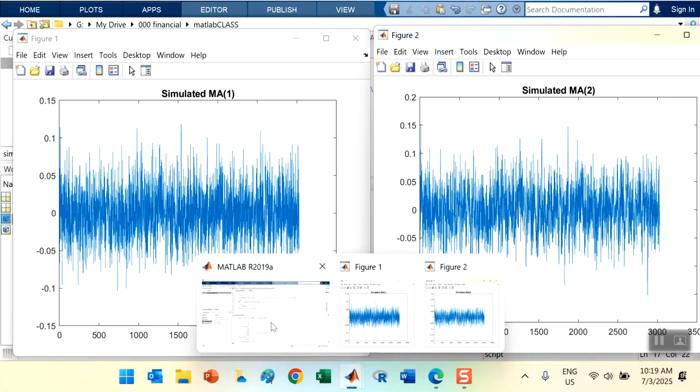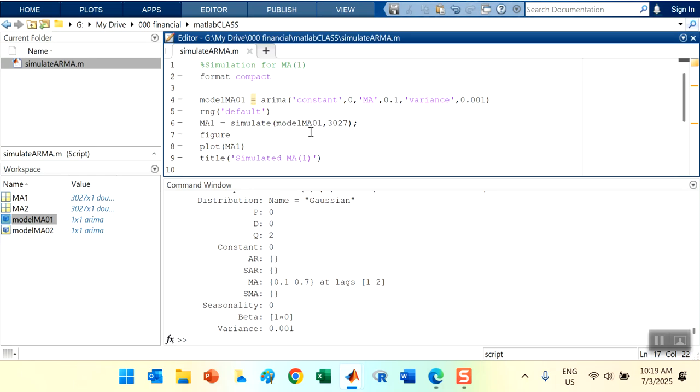So now if you want to compare this with the actual series, as in the starting analysis, let's say we want to compare with the actual series. Let's say this one, just copy and paste this.